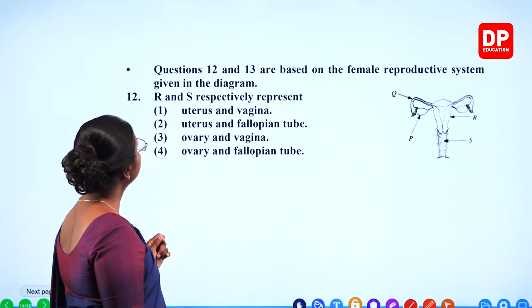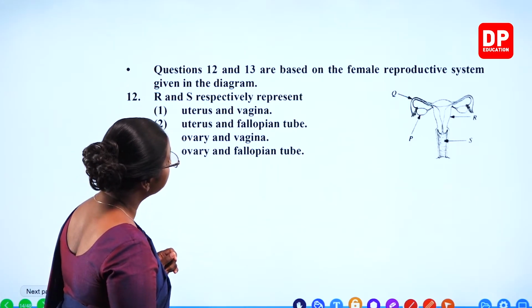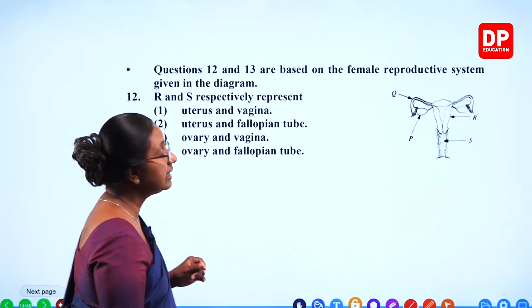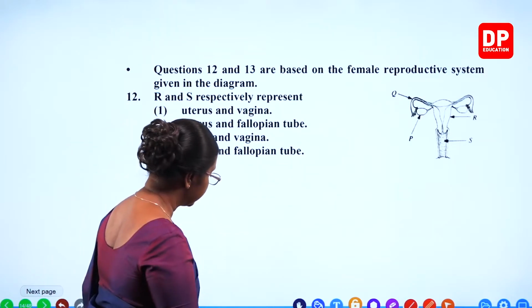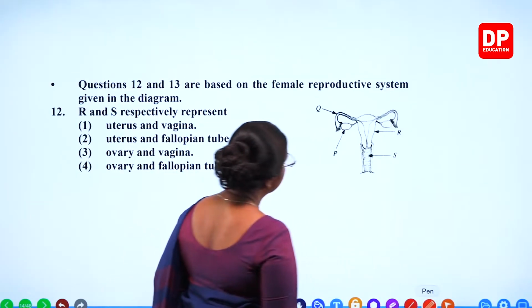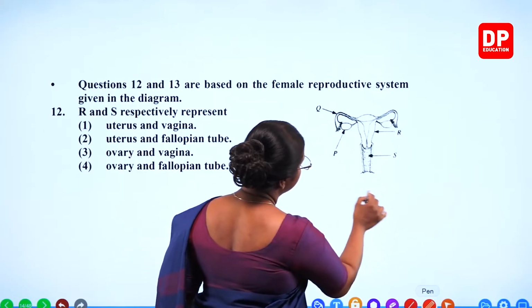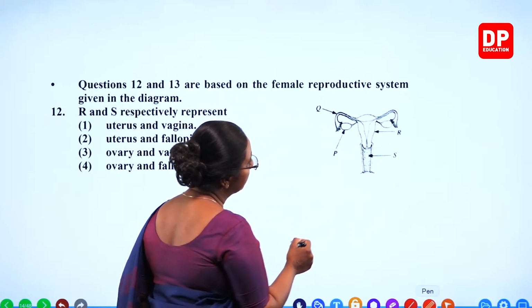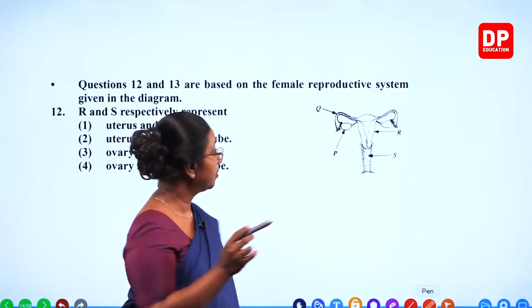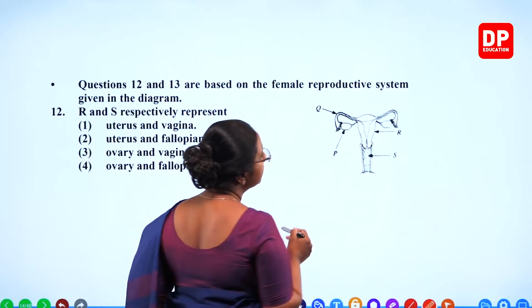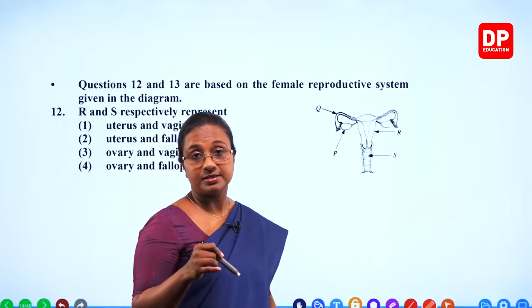Now, questions 12 and 13 are based on the female reproductive system given in the diagram. If you look at this diagram, you can see different parts labeled. What is labeled as P is the ovary. You all know there are a pair of ovaries here. They are attached to the fundus of the uterus.